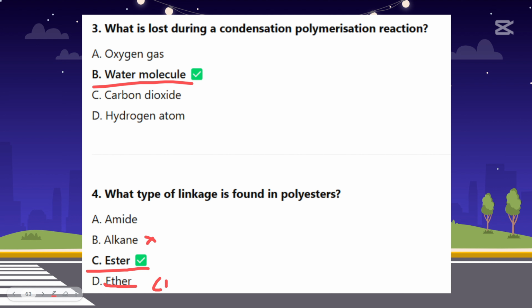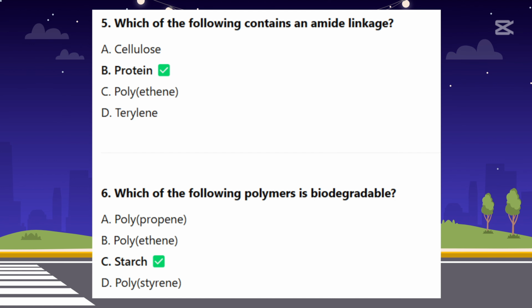That's for ether linkage. It's a COC, and the ester is the COOC. That's our ester. Amide would have been NHOC. That's amide. Alright, so it says for polyesters, it's an ester linkage.